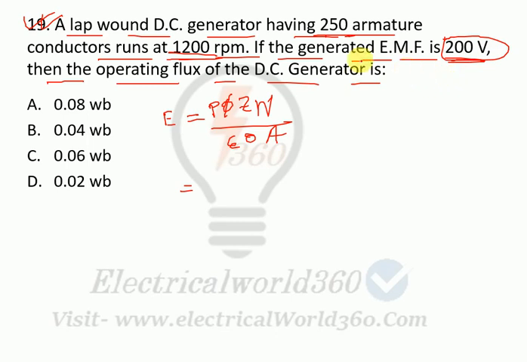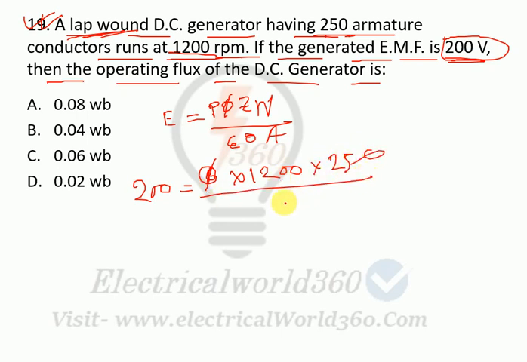And A equal to P, because this generator has the lap winding. So 200 is equal to ϕ, the flux, into 1200, which is given in the question, 1200 into 250 by 60A.